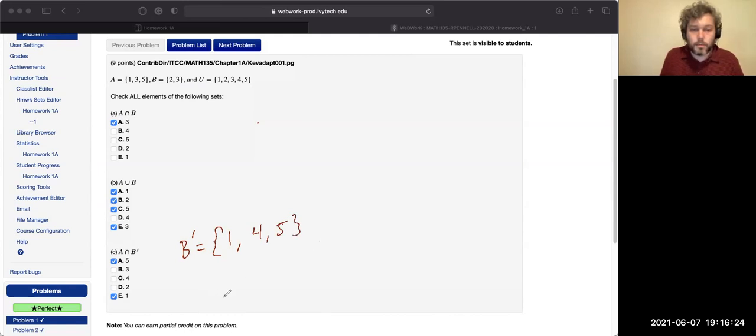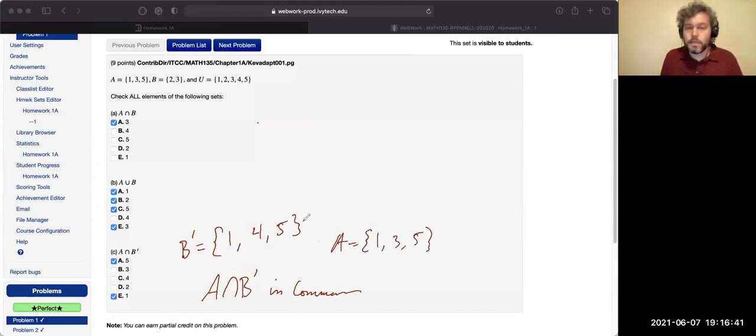All right. Well, what is A intersect B complement? It's what they have in common. That's what these have in common. A is 1, 3, and 5. So what elements do these have in common? I would say they have the number 1 in common and the number 5 in common.